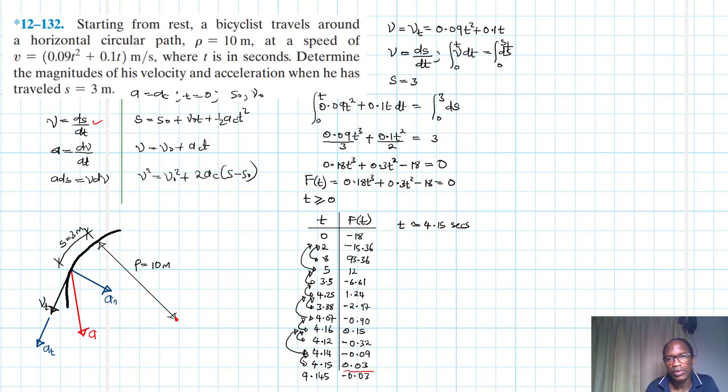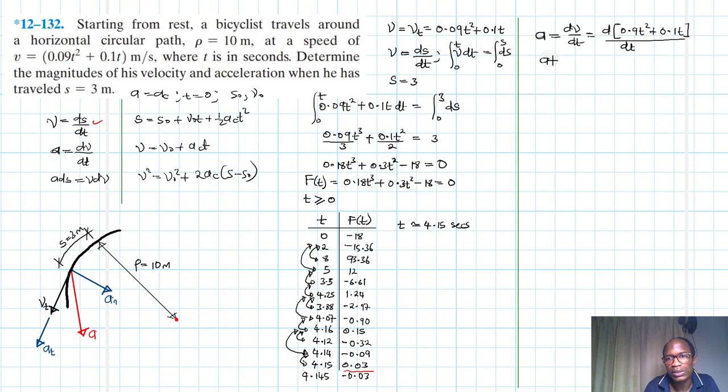Okay, so with this time, we can use this time to compute the values of velocity as well as acceleration. So let's find the acceleration and then later on we calculate. We know that our acceleration itself is the time derivative of velocity, and our velocity is 0.09 t squared plus 0.1 t, with respect to t.